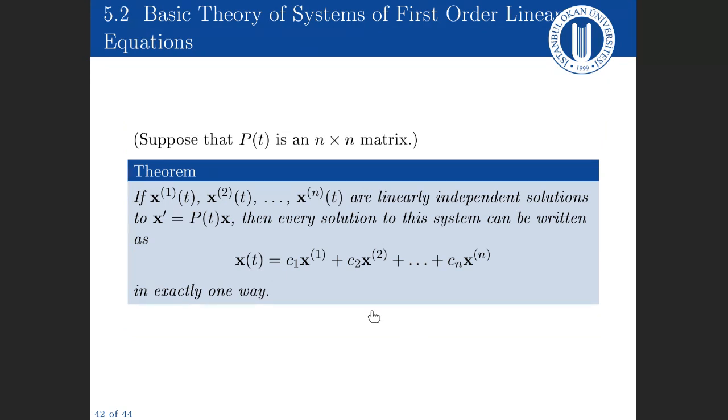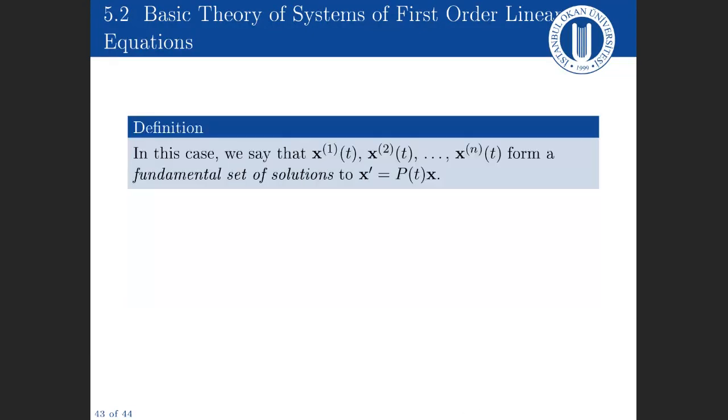A theorem. If we have n linearly independent solutions, then every solution can be written as a linear combination of these solutions in exactly one way. Same idea as in chapter 3.